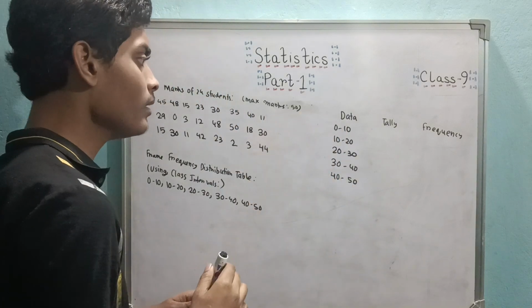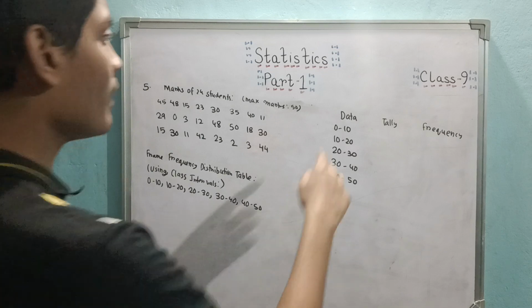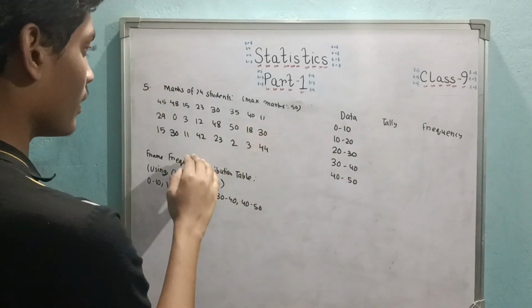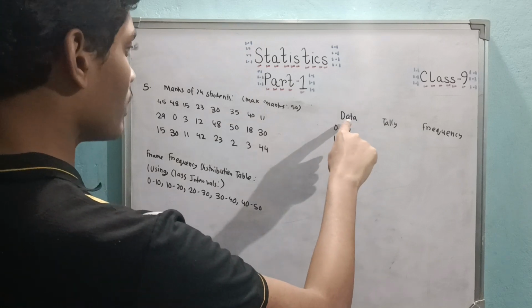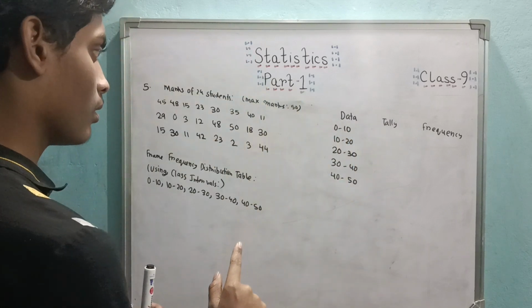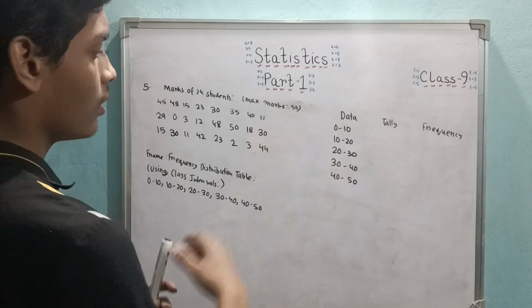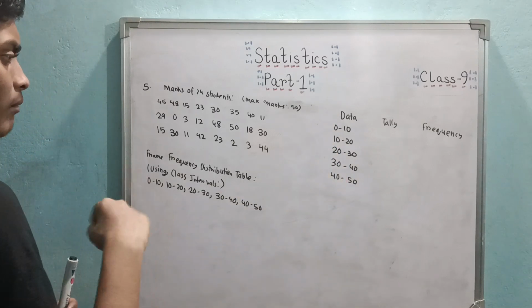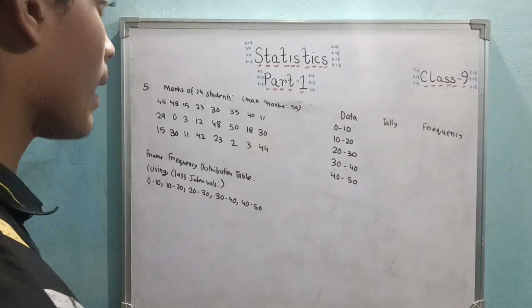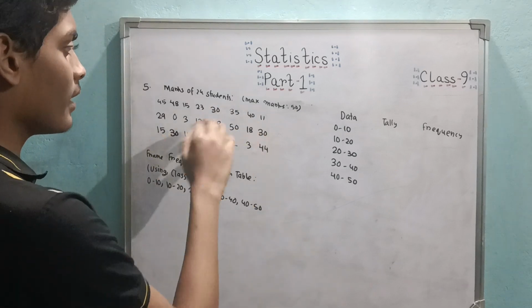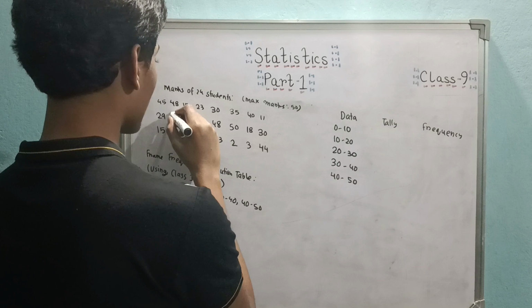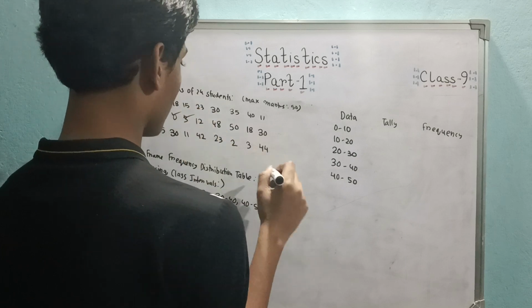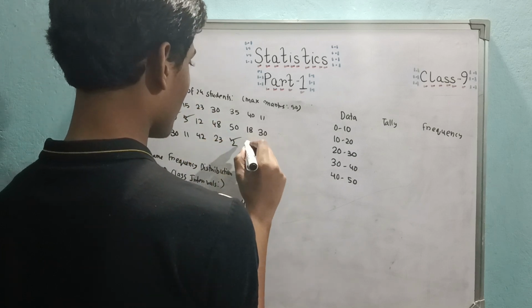First is the range 0 to 10. If the number 10 is there in these numbers, you can't include it, because you can't include the upper class limit of a class interval. You have to see from 0 to 9 among the numbers in the given set of values. So 0 is there, obviously 3 is there, 2 is there, 3 is there.